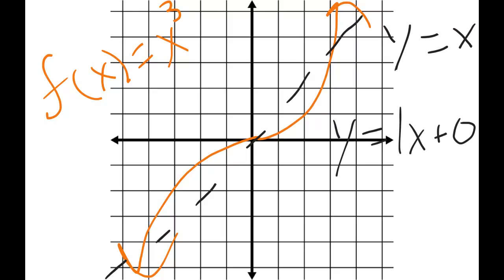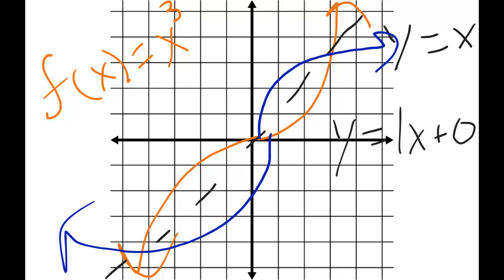When they're symmetrical, it means that if I were to fold the paper on the line, the orange ink would bleed onto the other side. So it would look something like this. Its inverse would be here in the blue. Something like that.